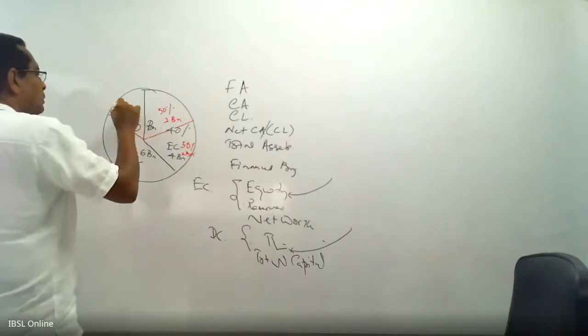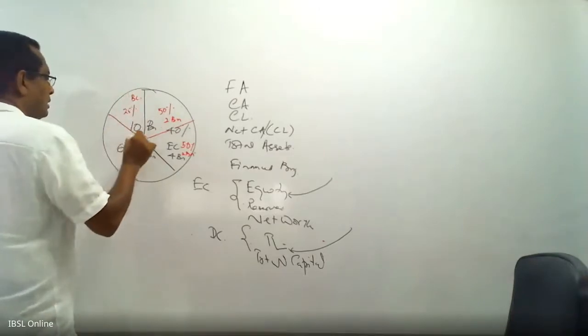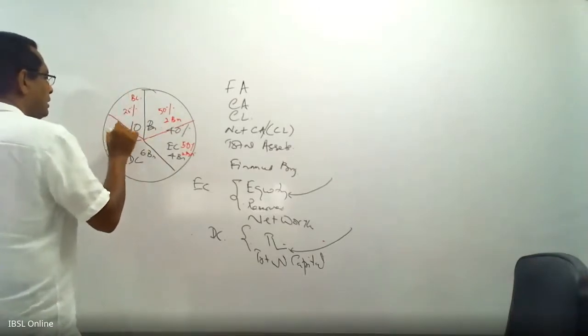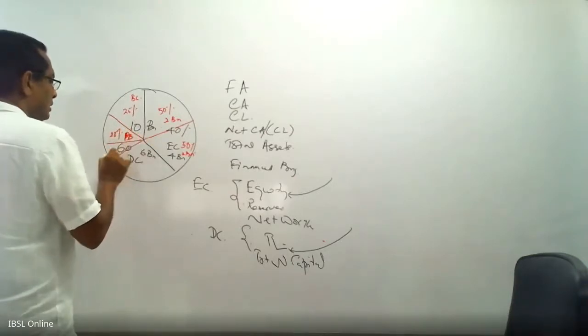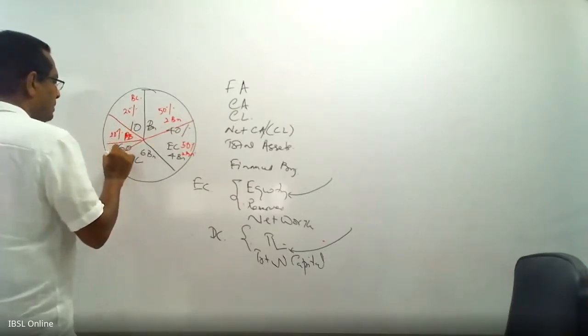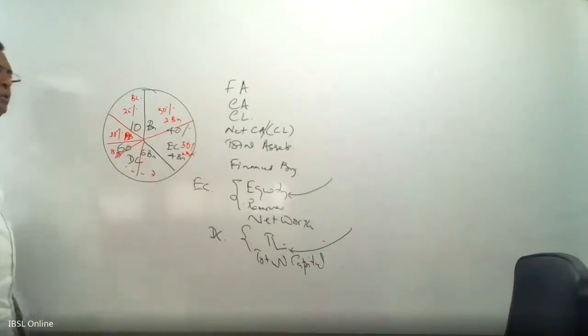Okay, 25% BOC, 20% People's Bank, 15% Sampath Bank. Like that, you have several banks coming together.